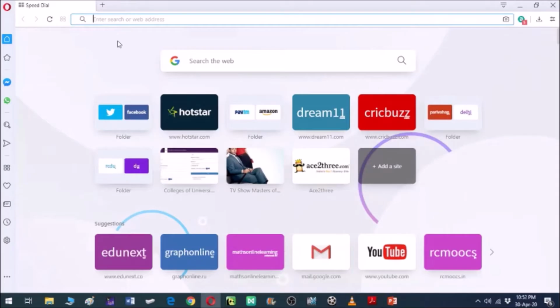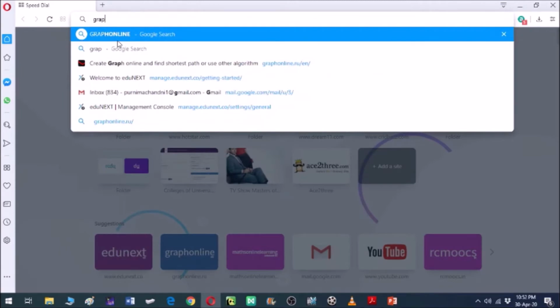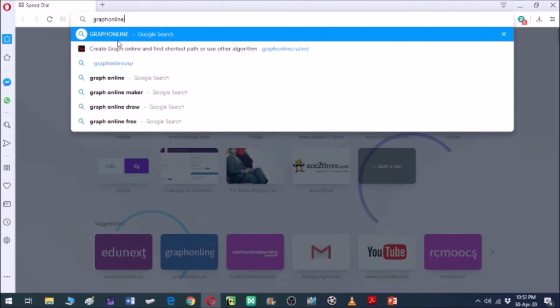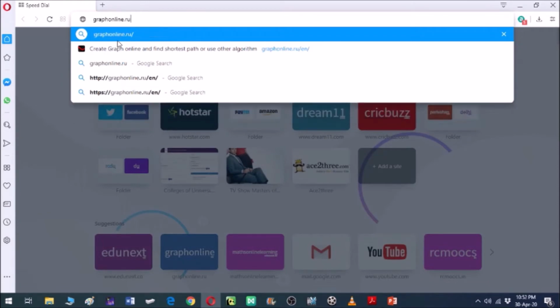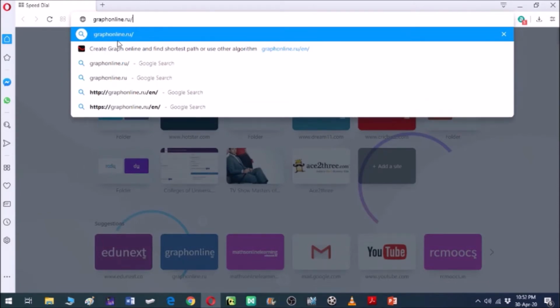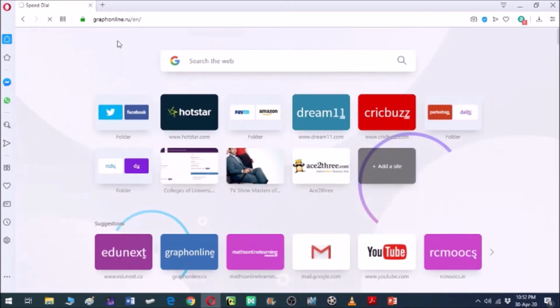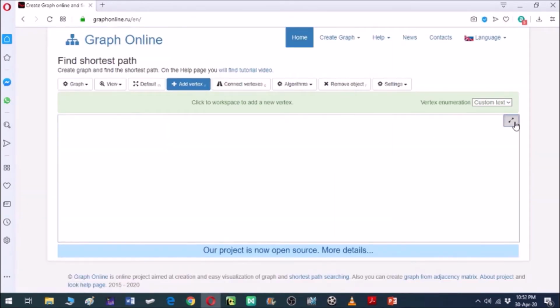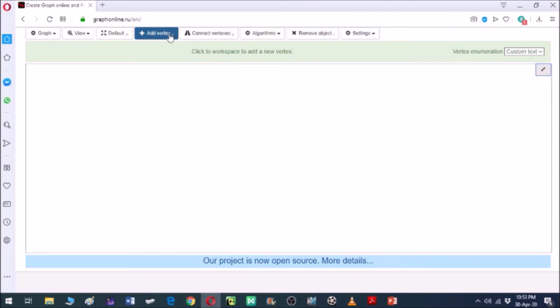To draw the graph, we use the website www.graphonline.ru/en, where en stands for English language. Starting with adding vertices corresponding to 16 rooms, we will add 16 vertices.